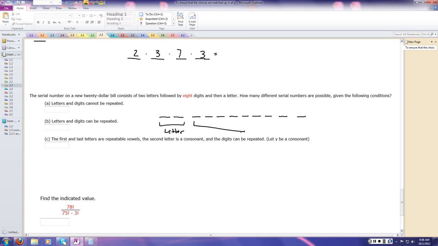Here are my possible digits. And then the last one again is a letter. Letters and digits cannot be repeated. And it doesn't say non-zero digits, so there are 10 digits.